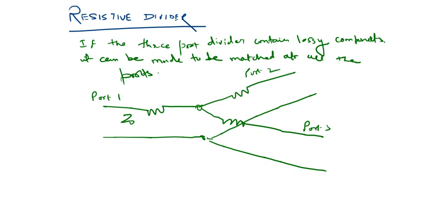So it is a divider. Basically each branch is Z naught by 3, also Z naught by 3, and also Z naught by 3. This is the main difference if you compare with the previous circuits. That one is the T junction.